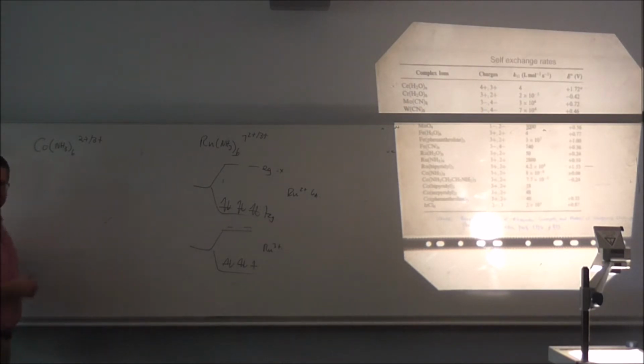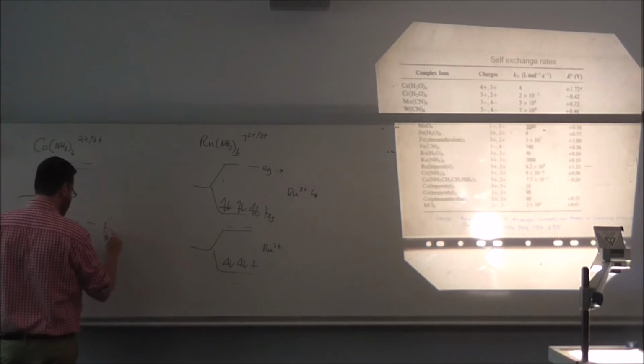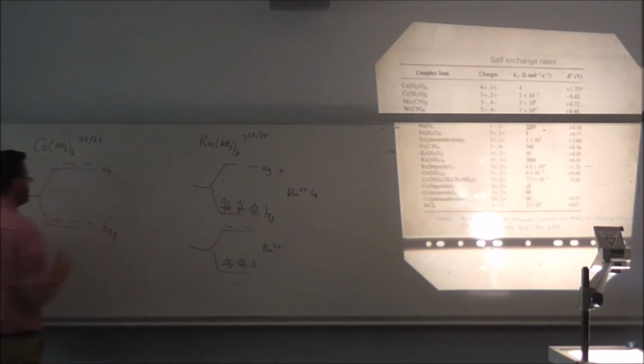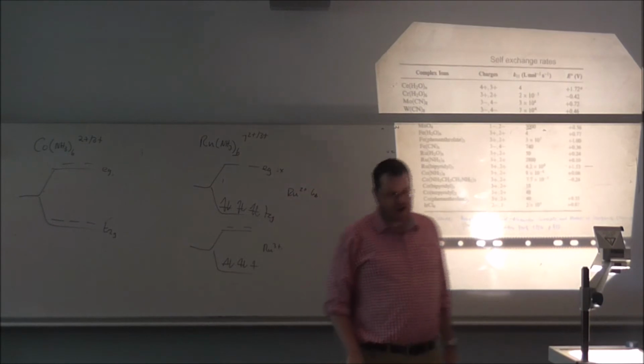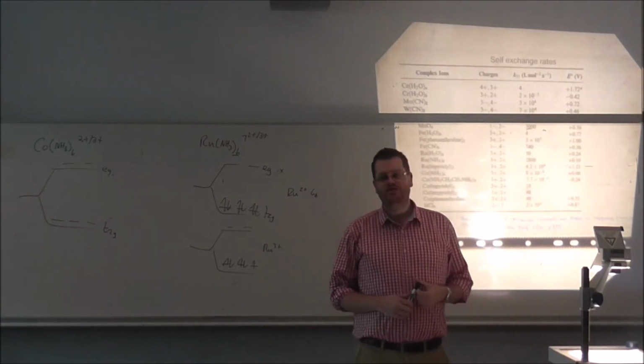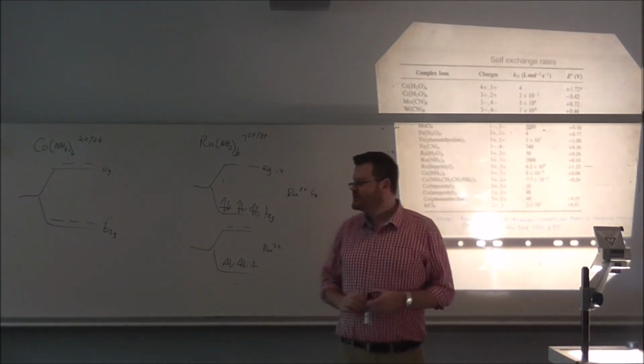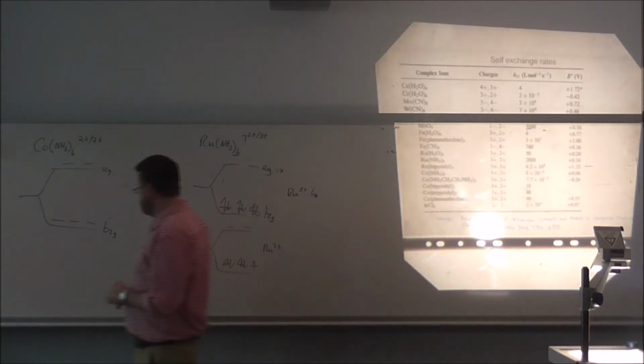It's also octahedral, so you can draw a crystal field splitting diagram for that. You see, all the stuff from the course last fall is essential. Cobalt is group 9. How many electrons does cobalt 2 have? 7.